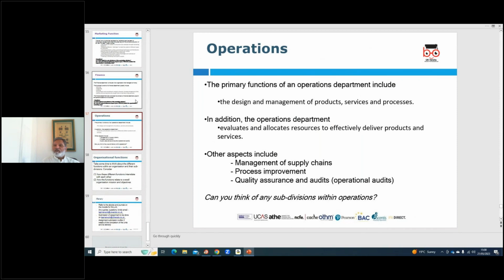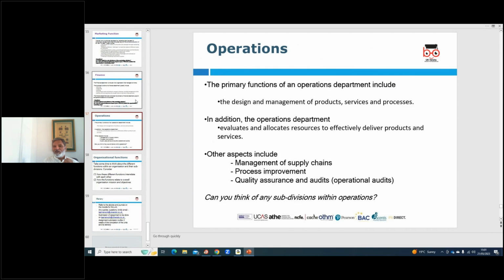Of course, this includes the services, the processes, the management of product design, evaluating that design, the processes, inputs and outputs, buying and processing, machinery and daily operations, making sure that the supplies are there, the processes are improved, the quality and the audits are done, the machines and lights are functioning, and that people are there at the right time, making sure that all the things are there for making the products happen, making the resources happen.